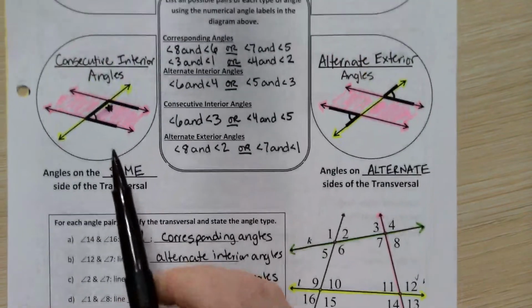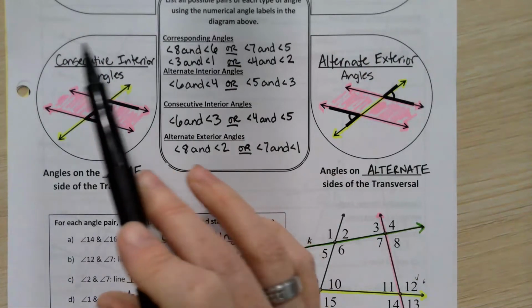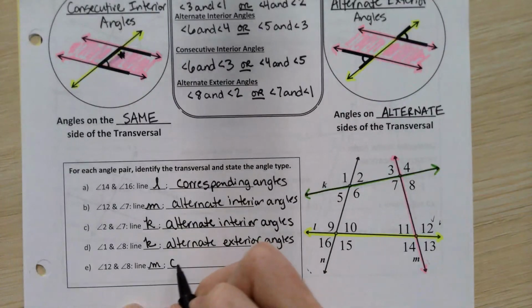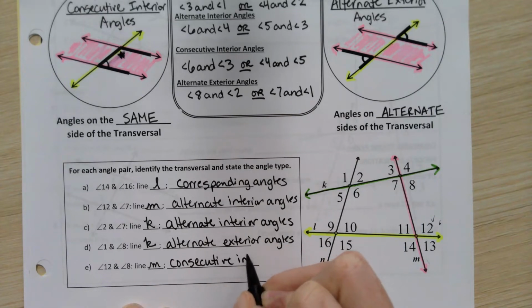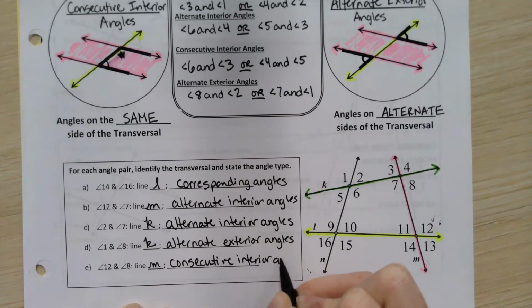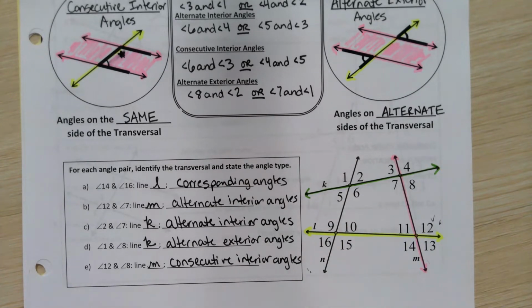So that is an example of our fourth and final type of angle. Those are those consecutive interior angles. Same side of the transversal and both in the interior space. All right, let's go ahead and flip the page and see what else happens.